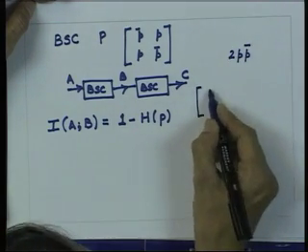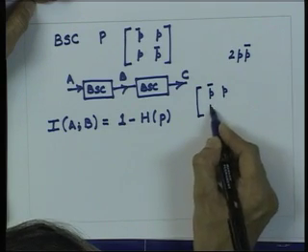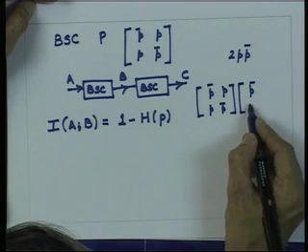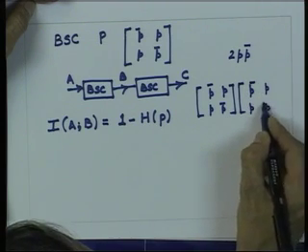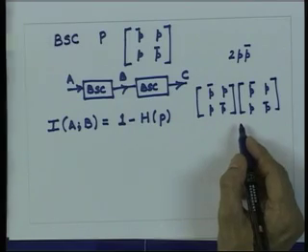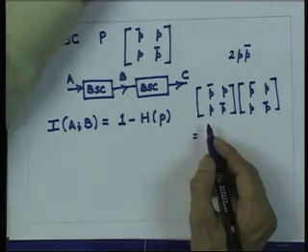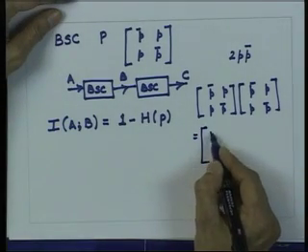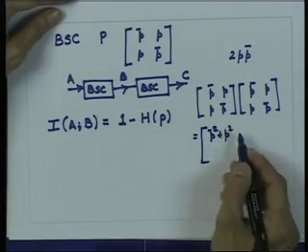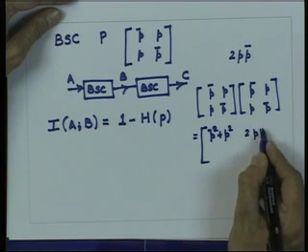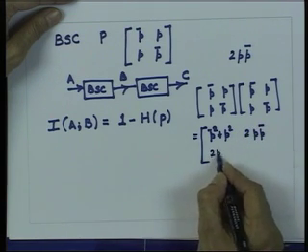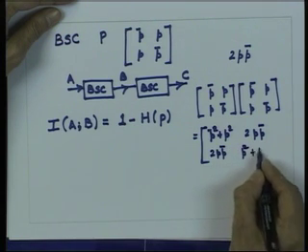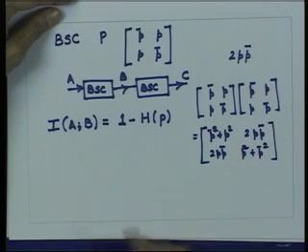So, if we cascade, we will get the equivalent binary symmetric channel as follows. P squared plus p bar squared.